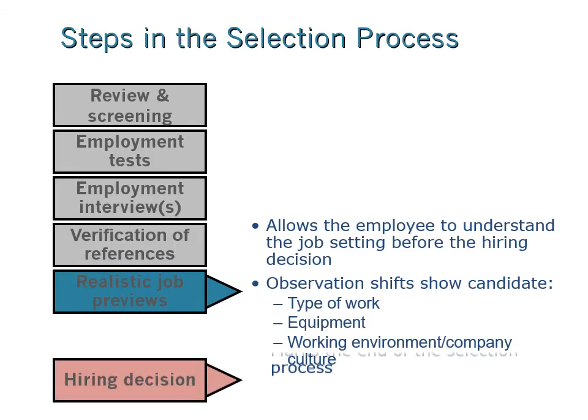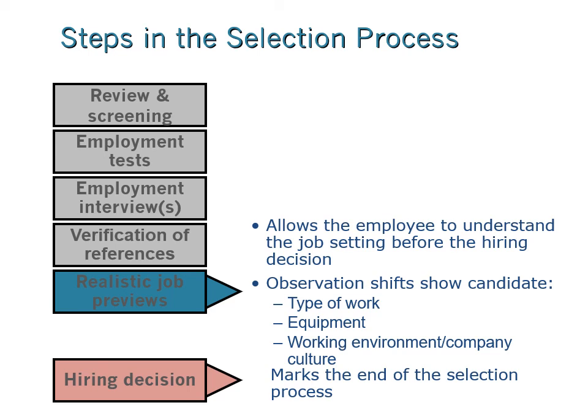Once we've gone through the first 4 or 5 steps, an additional step in the selection process is that we can do a job preview or an observation shift. If we've performed our evaluation of the interviews and we find two interviewees that were extremely similar and both very strong candidates for this position, we could ask for an observation shift where the candidate would show how they work, how they work with others, and how they work with particular pieces of equipment.